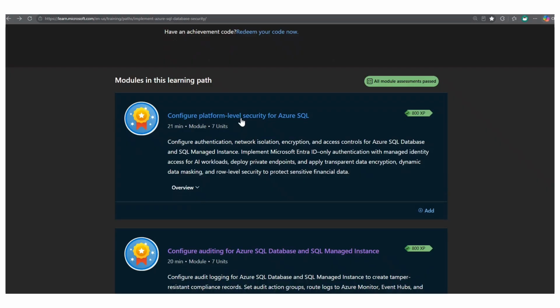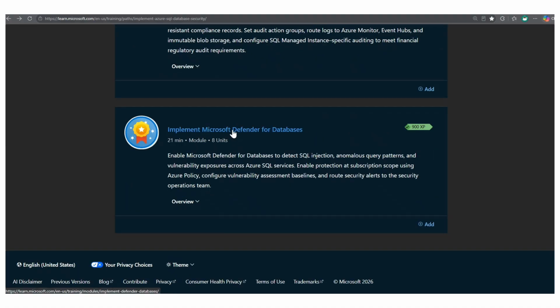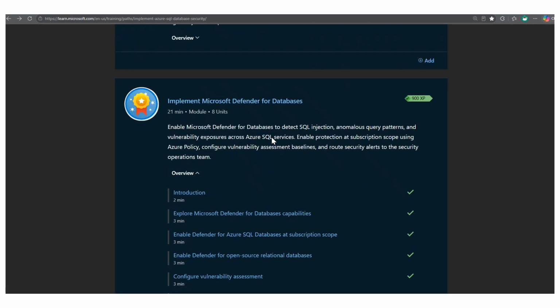The first module was Configure platform level security, and then auditing. And the last module on this learning path is going to be Implement Microsoft Defender for databases. We're going to go into the Defender component.